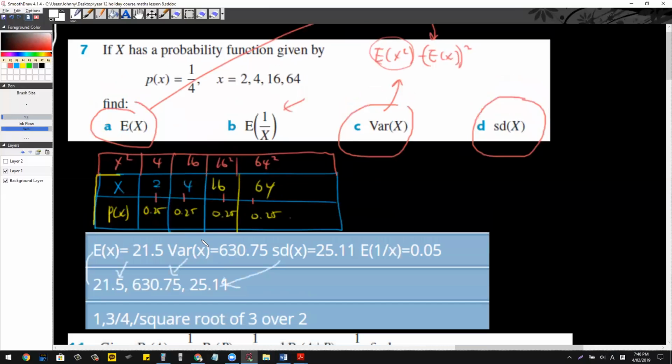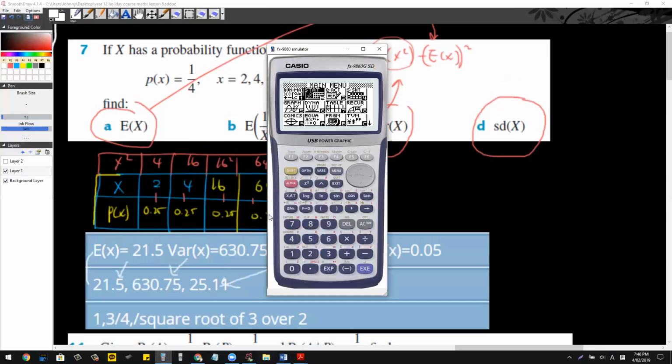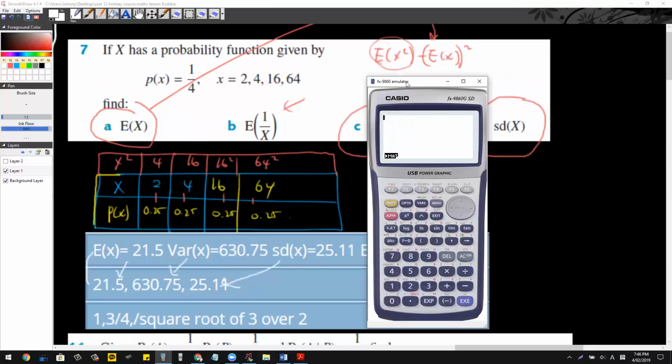So let's double check. If I do 2 times 0.25 plus 4 times 0.25 plus 16 times 0.25 plus 64 times 0.25, that gives us 21.5, right?